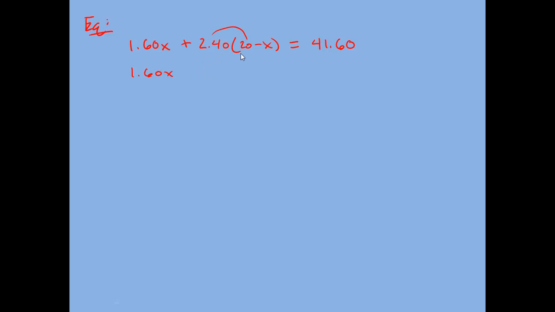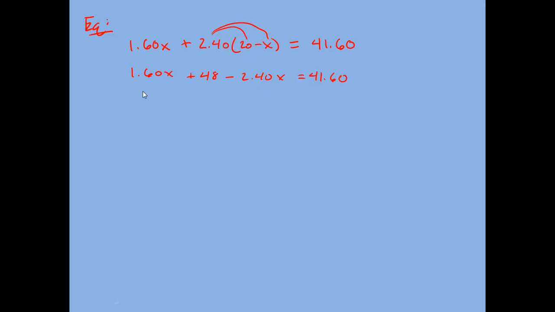So a positive 2.40 times 20 comes to a positive 48. And then 2.40 times a negative x makes that a negative 2.40x equals 41.60. Make sure you don't lose that negative sign there when you multiply a positive times a negative. It's going to be a negative 2.40x.